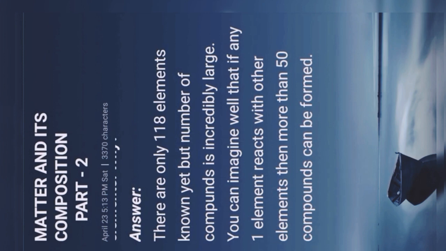You can imagine that if any one element reacts with other elements, then more than 50 compounds can be found. That is why the number of elements is fixed, but the number of compounds is infinite.